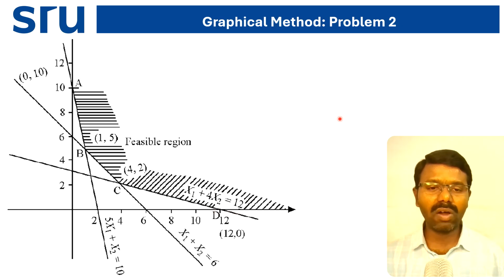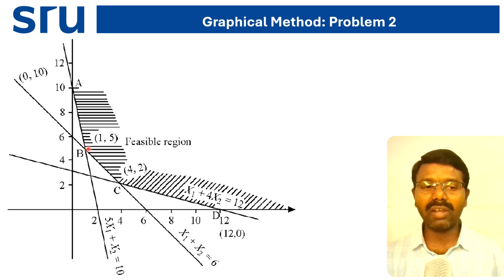What are the other corner points? Because this region extends to infinity, we can't identify other points there. But anyhow, we need the minimum value, not the maximum, because the maximum has no boundary.